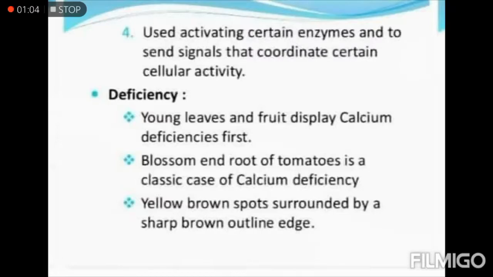The deficiency first appears in the old ones, but with calcium it is the opposite. It appears in the young leaves and fruits. Deficiency appears first as blossom end rot of the tomato. In the classic case of calcium deficiency, there are yellow-brown spots surrounded by sharp brown outline edges.